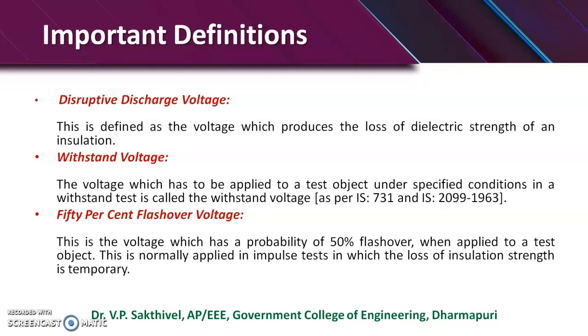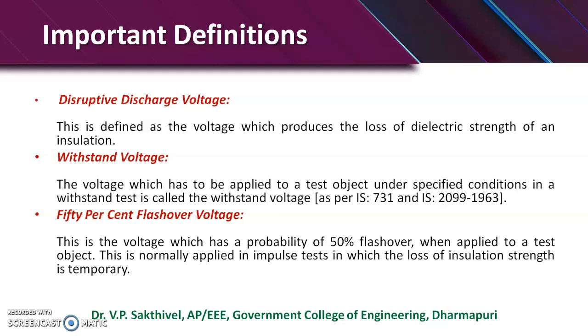The tests performed for the first purpose are referred to as type tests and are performed on the first unit of a new design and on selected repeat units where a larger number of units of a given type has been ordered. Basically, these tests are approved by IEC, that is International Electrotechnical Commission, or BIS is the recommending body.